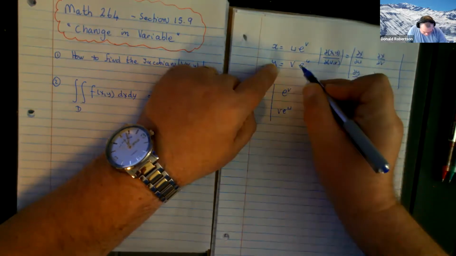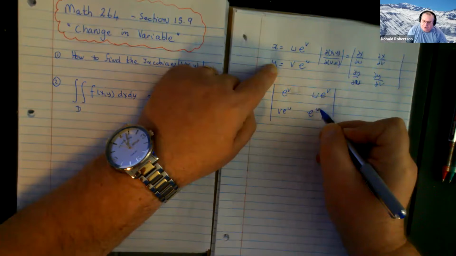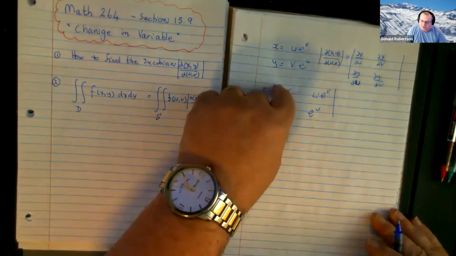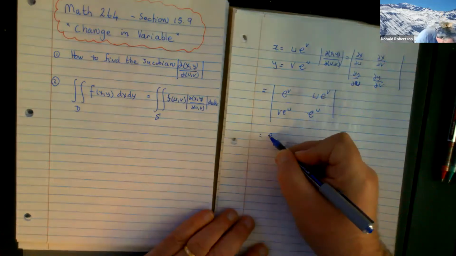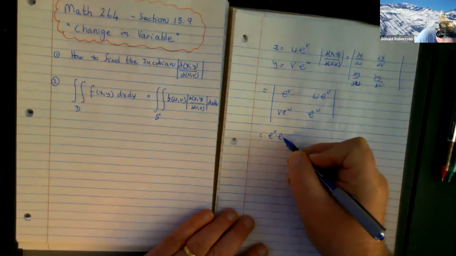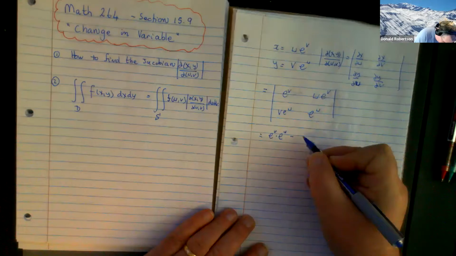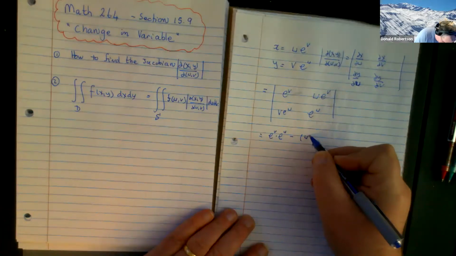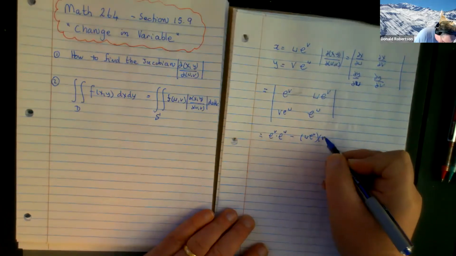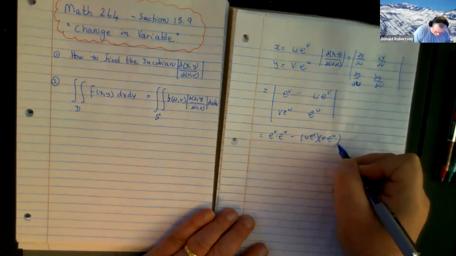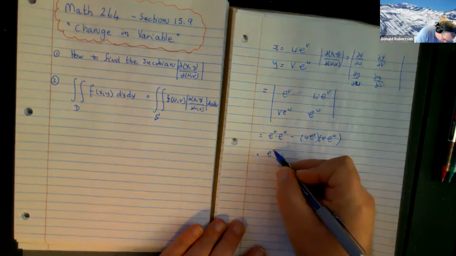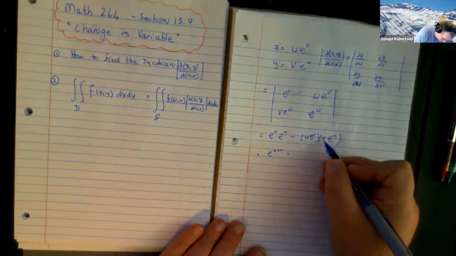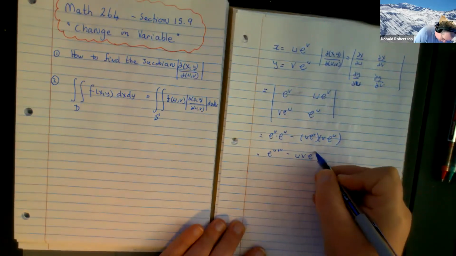And then we have a 2x2 matrix, and its determinant is major diagonal take away minor diagonal. So that's going to be e to the v times e to the u, take away u e to the v, v e to the u. Okay. And these two guys combine and get you u plus v. These two guys multiply together and get you that.